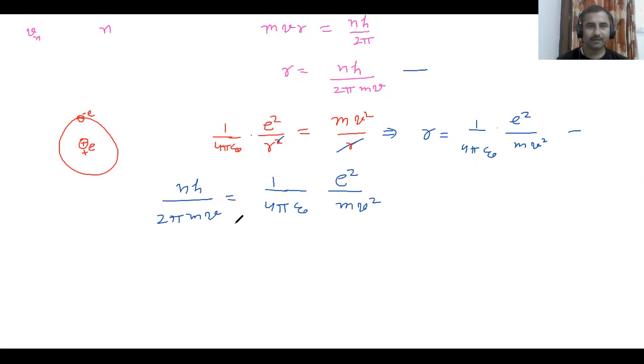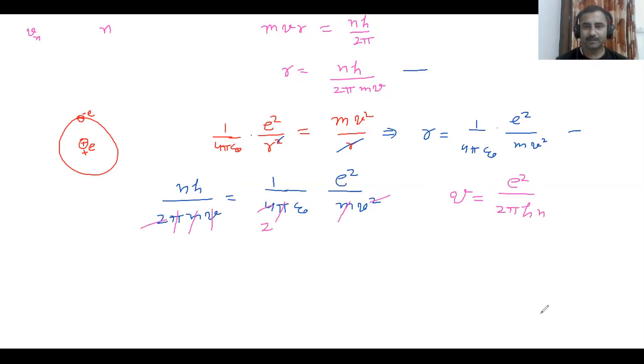From here we can see m would be cancelled out and 1 power of v would also be cancelled out, and the pi will also be cancelled out. So from this expression, a very straightforward relationship between v and n comes out, which is v equals to e square upon 2 epsilon naught hn.